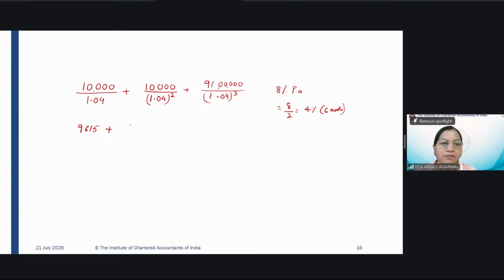I'm rounding off in multiples of 1 rupee. 9246, and 91 lakh divided by 1.04 cube comes out to be 80 lakhs 89,867. Just check this figure.